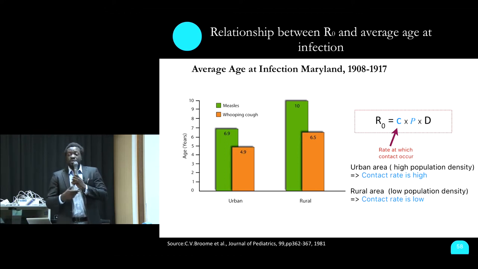The contact rate is much lower. So in an urban area, R naught is much higher than in a rural area because of the difference in the contact rates. So for the same disease, the settings and other elements here can influence the average age at infection.